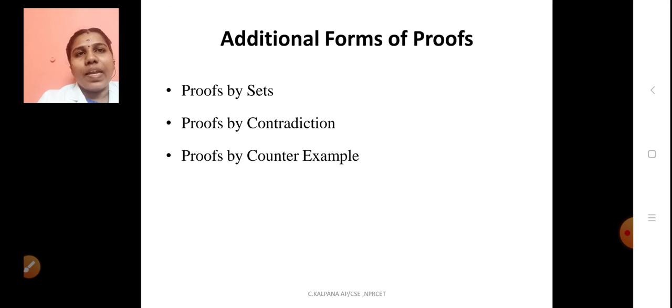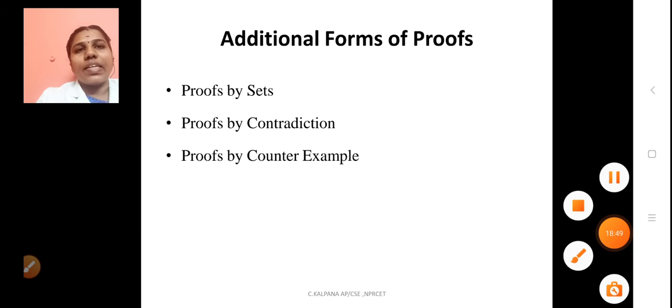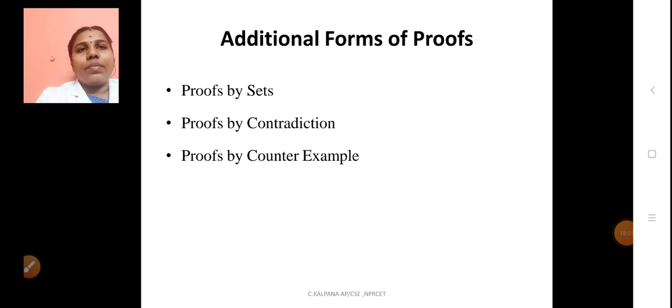First I will explain again the additional forms of proof: proof by sets, proof by contradiction, and proof by counter example. Sets represent union, concatenation, etc. Contradiction means if H is true, then C is not true. Contrapositive means if H is not true, then C is also not true.